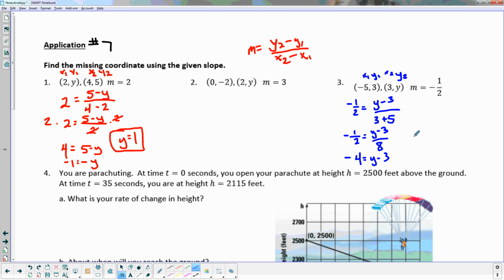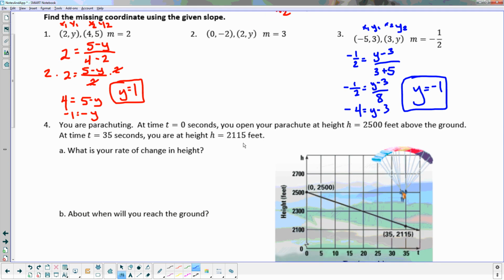And then I'll add 3 to both sides to get y equals, again, or no, this time it's a -1. Last time it was +1. But so that's just the idea in those problems. You're using your slope, they're giving you slope, and you have to find one of the coordinates, which is a good skill to be able to accomplish.